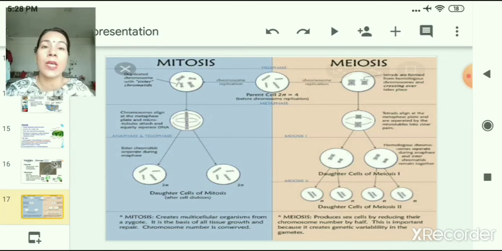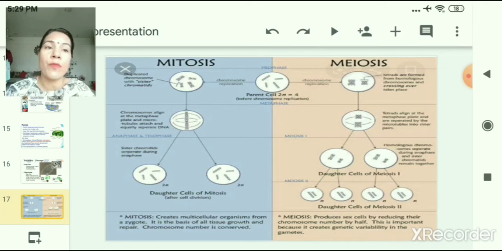Somatic cells are also known as vegetative cells. Reproductive cells are the cells involved in the production of gametes, whereas all other types of cells are somatic or vegetative cells. These somatic cells undergo division by the mitosis process, in which two daughter cells are formed from the parent cell.